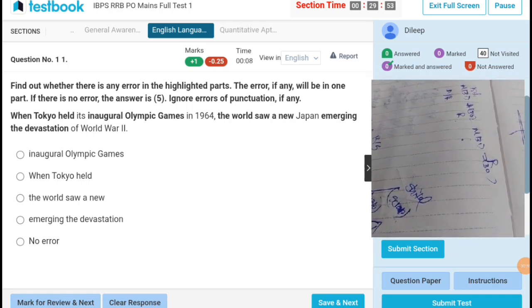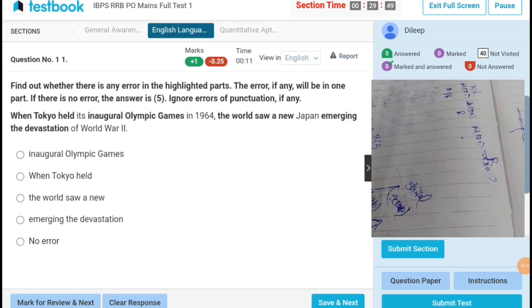When Tokyo held its inaugural Olympic Games in 1964, the old saw: when the world saw a New Japan emerging, the devastation.